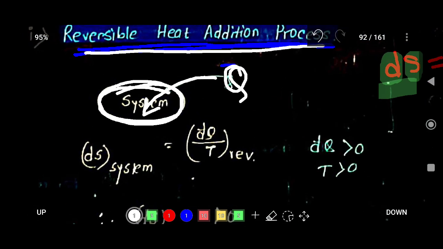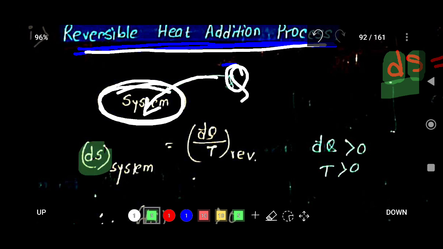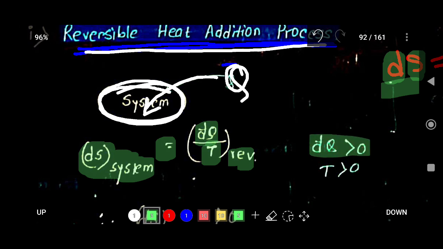If you want to calculate the system's entropy change, it is delta Q by T for a reversible process. As heat is going into the system, delta Q is greater than 0, and T, the system temperature, is also greater than 0.